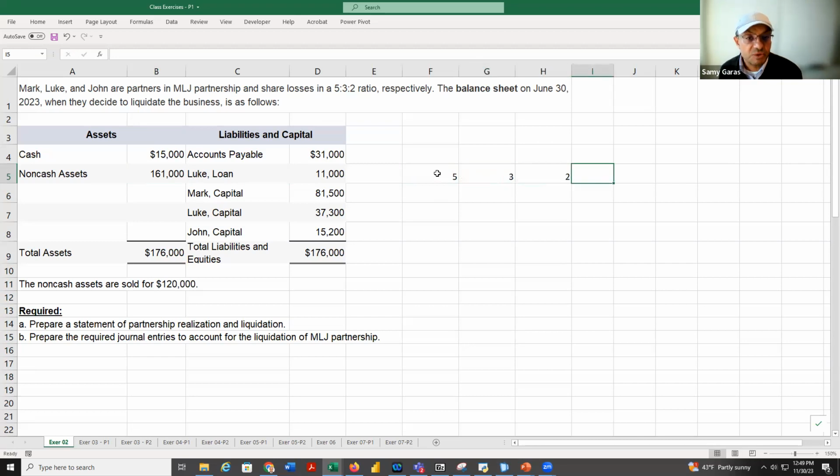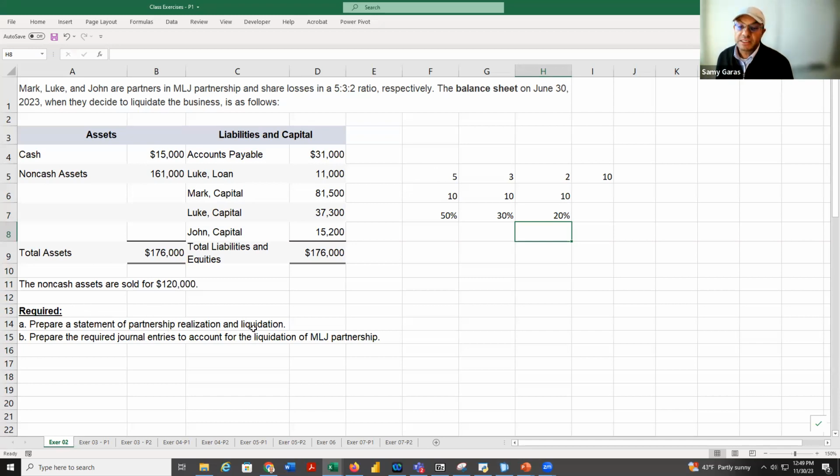If you add them together, you get 10. So here it's 5 over 10, 3 over 10, and 2 over 10. So it means Mark will take 50%, Luke will take 30%, and John will take 20%. As simple as that.